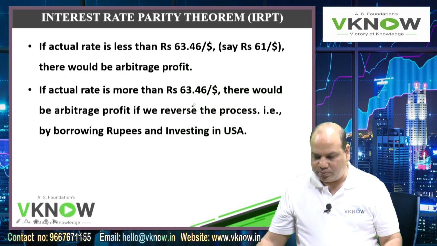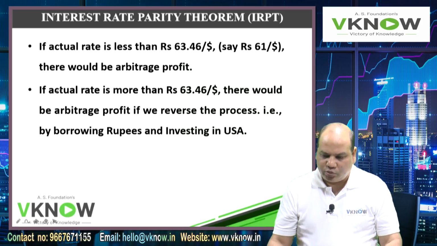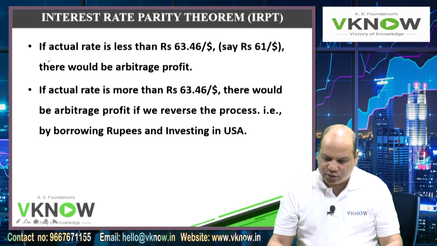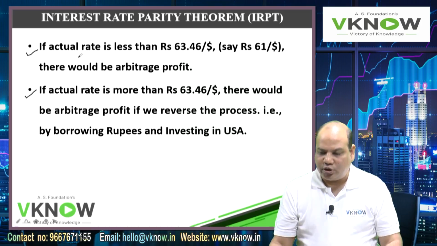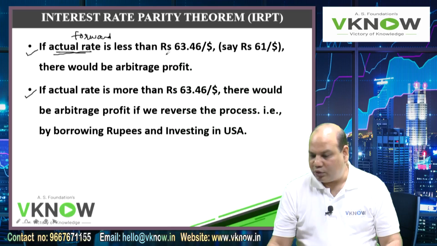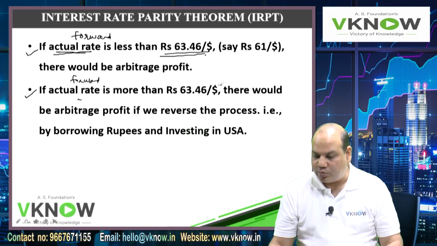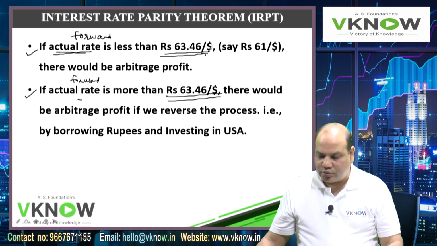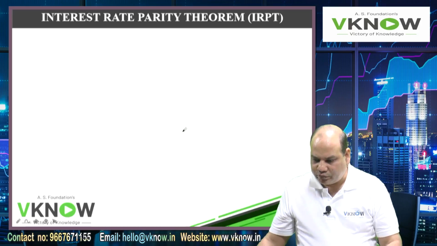While solving the numerical questions in the next few minutes, we will take both types of situations: when the actual forward rate is less than what it should be, and when the actual forward rate is more than what it should be. A very typical exam question they will ask you.